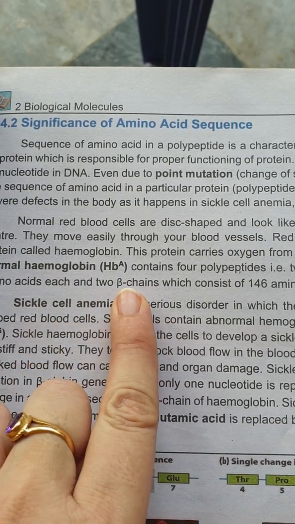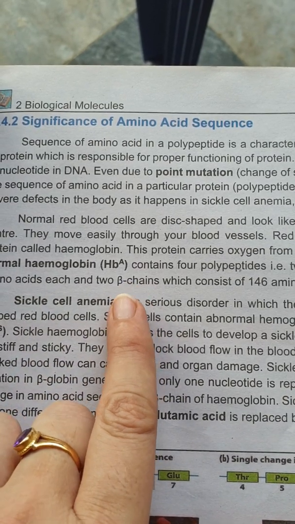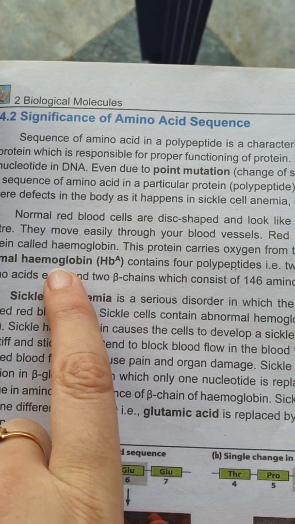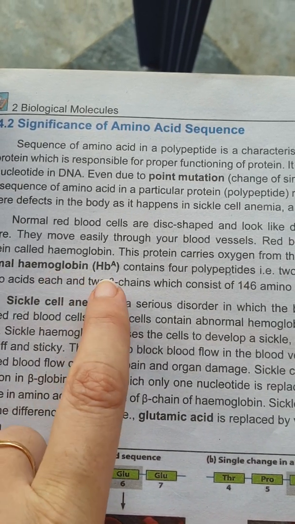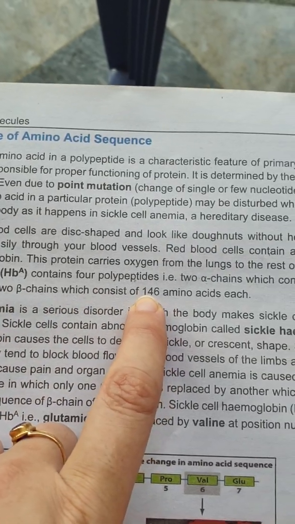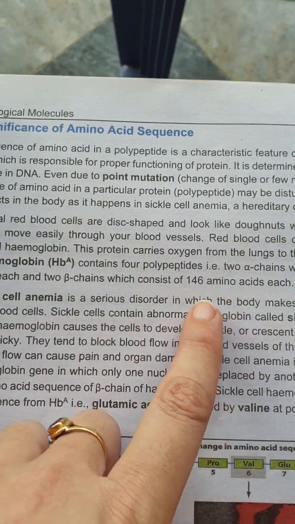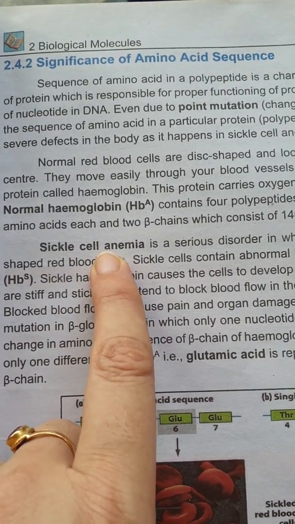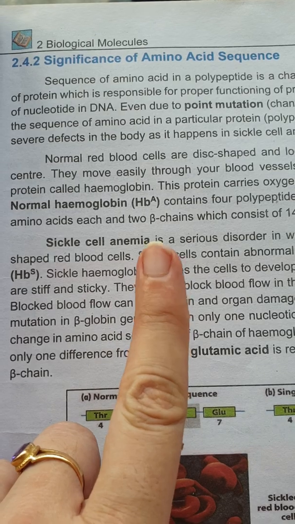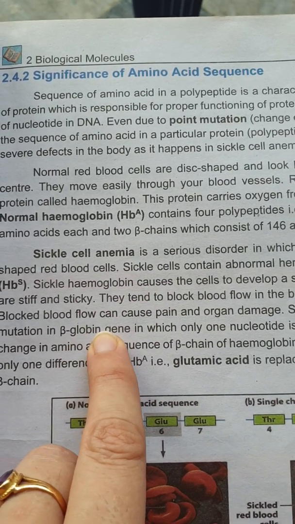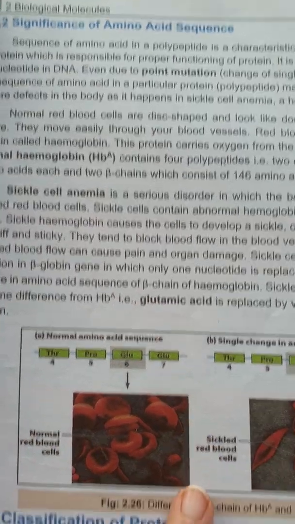As we know, there are four polypeptide chains in the structure of hemoglobin, 2 alpha and 2 beta, and it consists of 146 amino acids. Sickle cell anemia arises as a result of only one amino acid in the beta chain being changed.